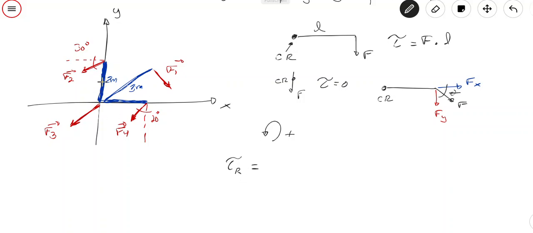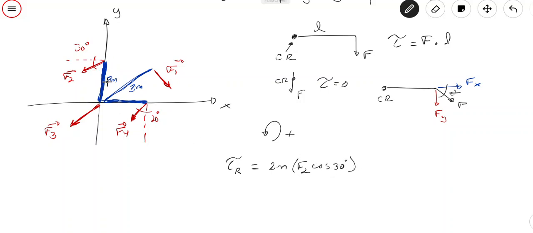The distance from F2 to the center is 2 meters, so I say 2 meters times the force F2. And in this case, it is the horizontal component of the force F2, so the horizontal component will be F2 cosine of 30 degrees.